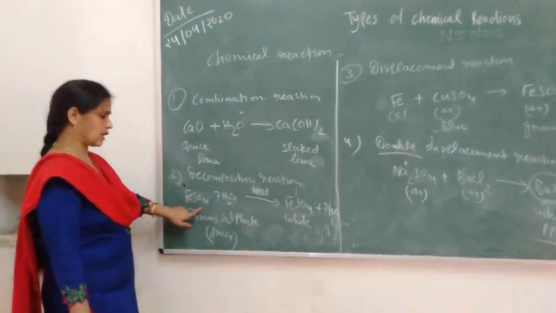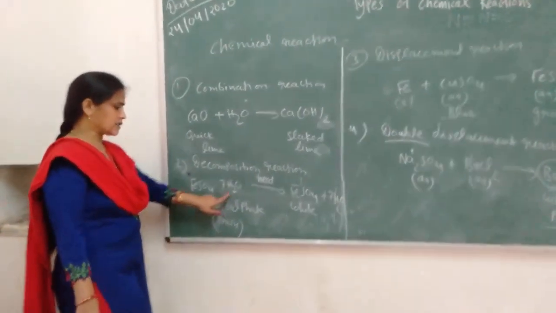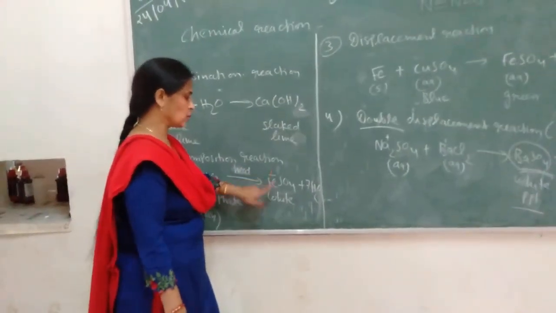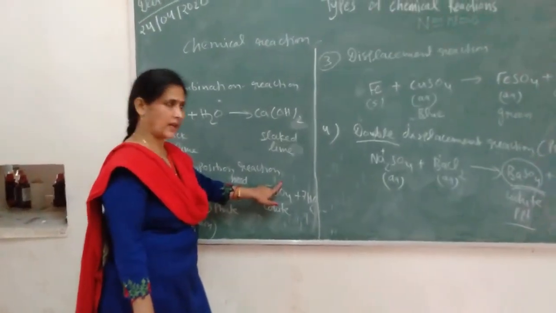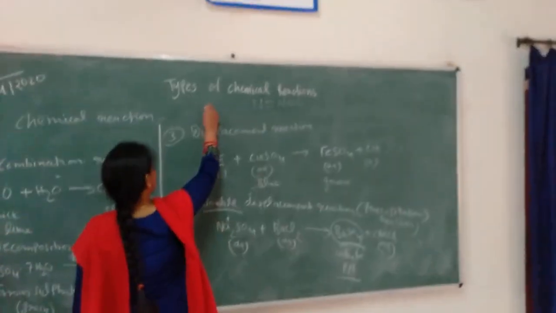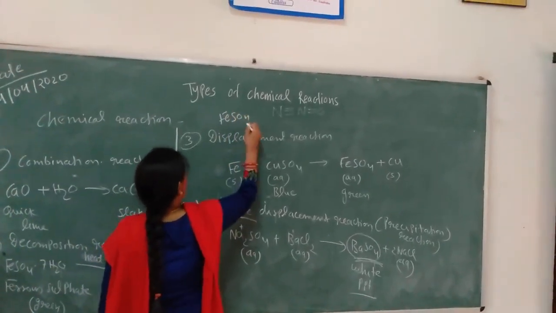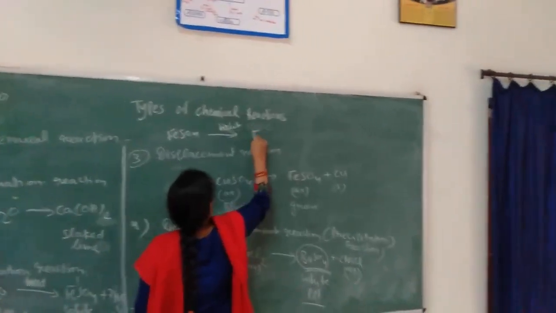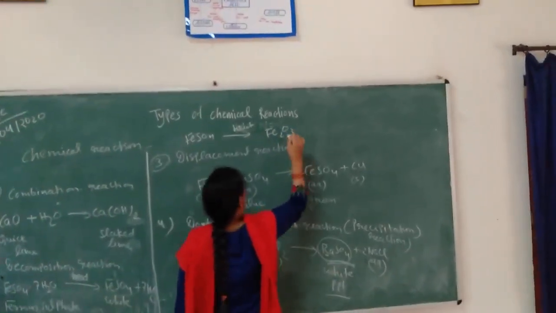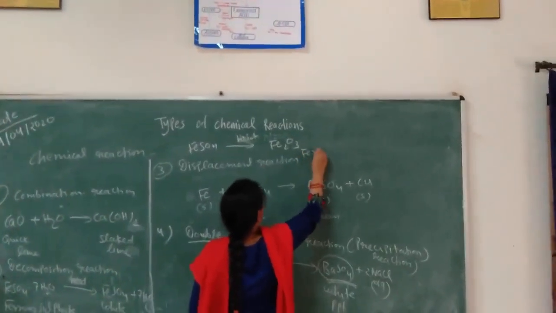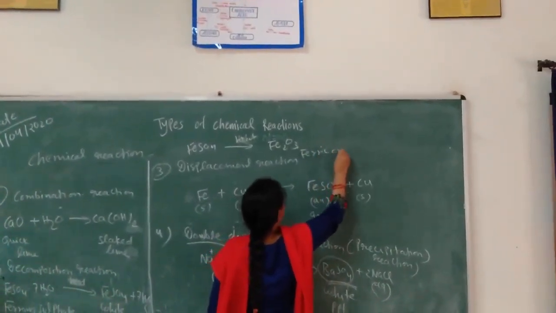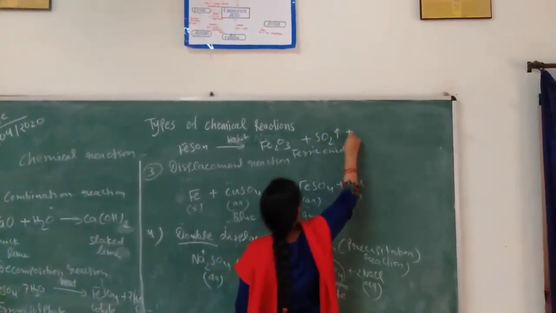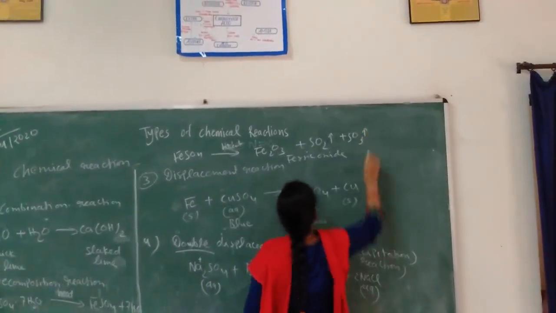In this reaction, green color ferrous sulfate on heating first changes into a white color substance, anhydrous ferrous sulfate, and after further heating it changes into a brown color substance, which is ferric oxide, and two gases, sulfur dioxide and sulfur trioxide.